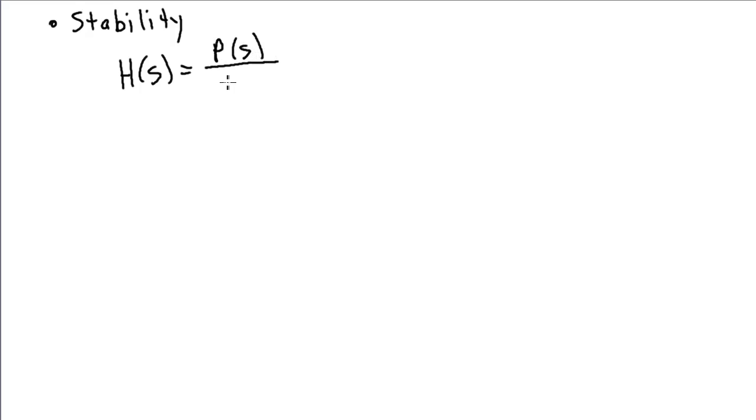Let's wrap up this lecture with a discussion of stability. We know that H(s) is equal to P(s), our polynomial as determined by the right-hand side of our differential equation, divided by Q(s).